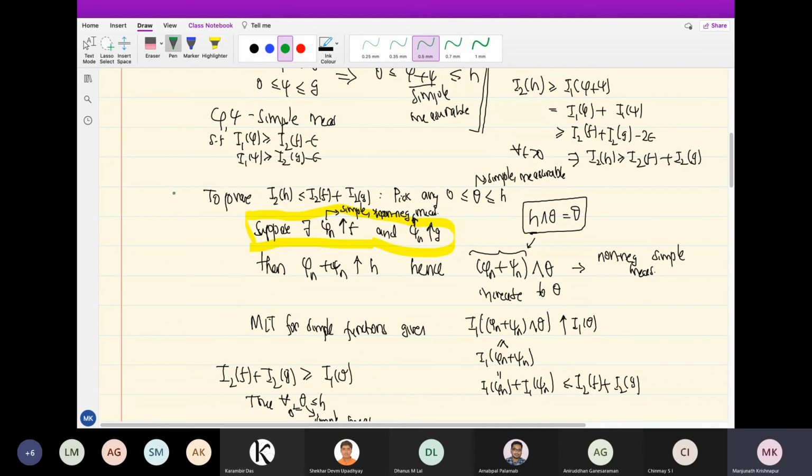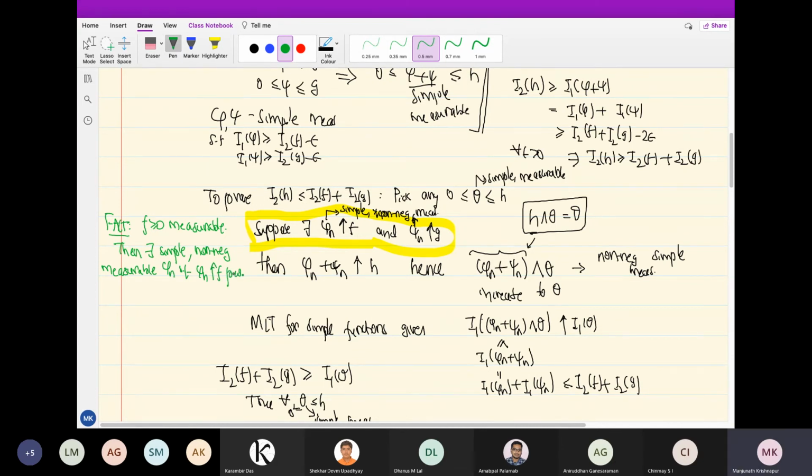Let's write in green here. So the fact that we have to prove is that if f is non-negative and measurable, then there exist simple non-negative measurable functions phi n such that phi n's increase to f pointwise.